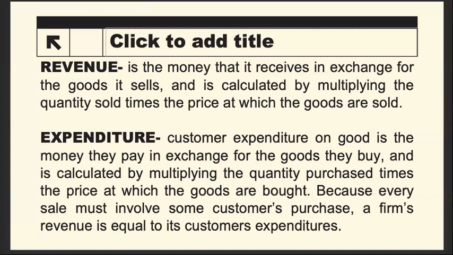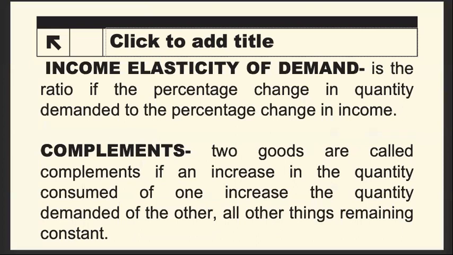Consumer expenditure on goods is the money that they pay in exchange for the goods they buy, and it is calculated by multiplying the quantity purchased times the price at which the goods are bought. Because every sale must involve some customer's purchase, a firm's revenue is equal to its customers' expenditures.